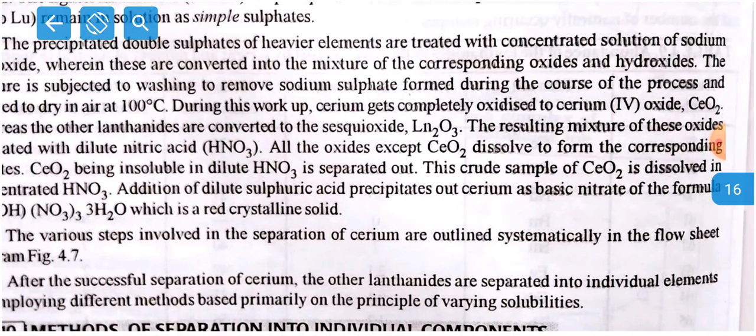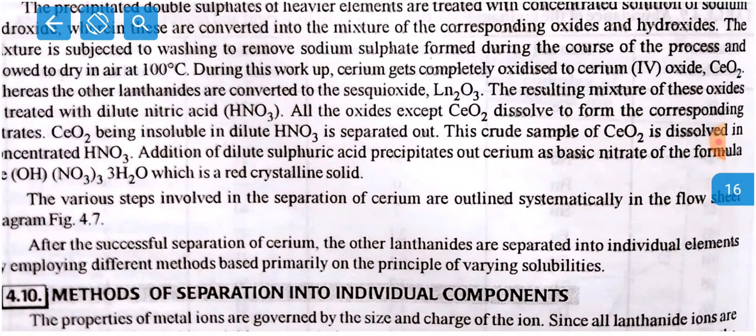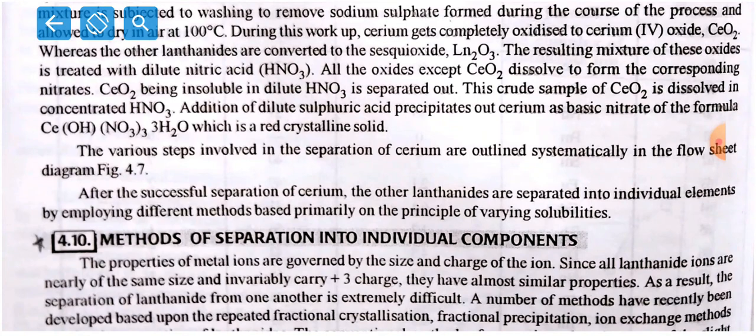The resulting mixture of oxides is treated with dilute nitric acid, HNO3. All the oxides except CeO2 dissolve to form the corresponding nitrates. CeO2 being insoluble in dilute HNO3, this crude sample of CeO2 is dissolved in concentrated HNO3.